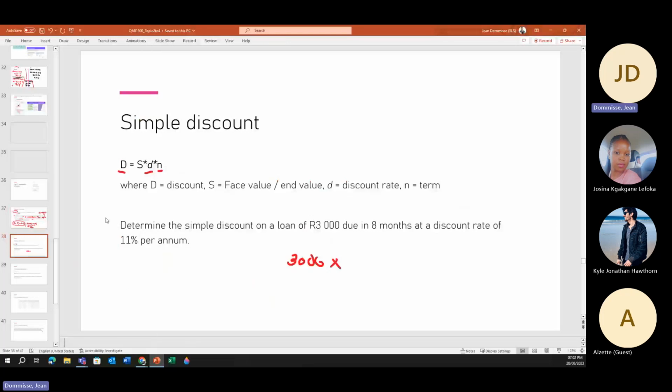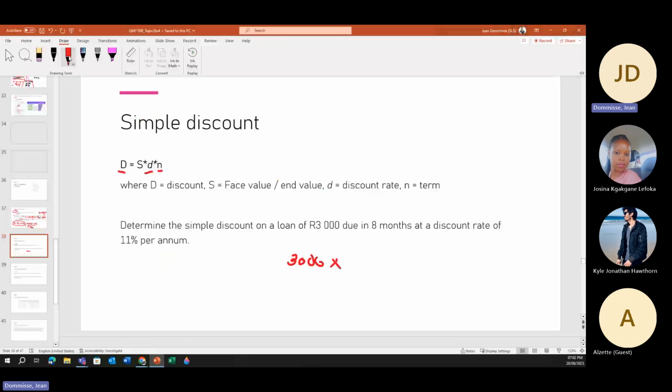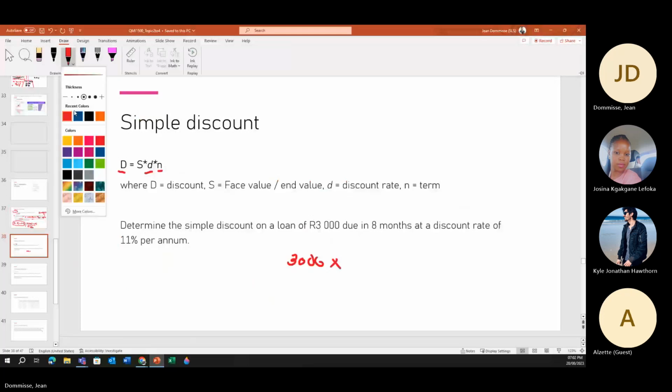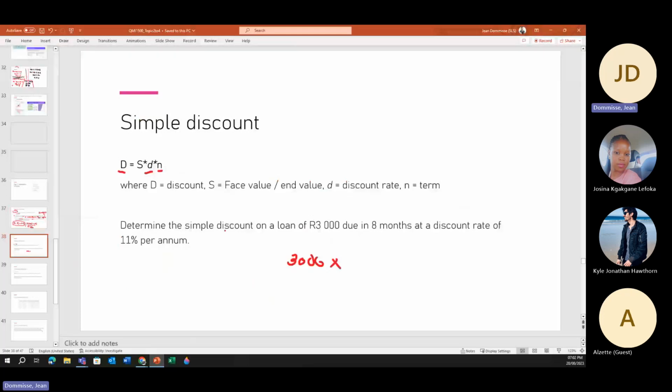Okay, so that other part was confused with this one. 8 months, because we've got the other time period as well. Otherwise, I'm giving you guys 2 time periods. So it was: determine a simple discount on a loan of 3,000 due in 8 months' time at 10% or 11% per annum. Okay, so that would be the discount that we will calculate.